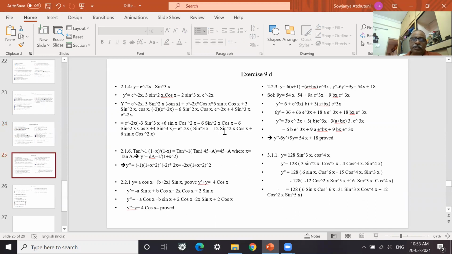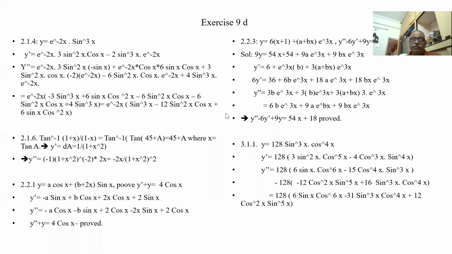Now let us see another. y is equal to e to the power minus 2x sin cubed x. So y dash is e to the power minus 2x into 3 sin square x into cos x, plus sin cubed x into e to the power minus 2x into minus 2. So this plus becomes minus. Then again we can do double differentiation.